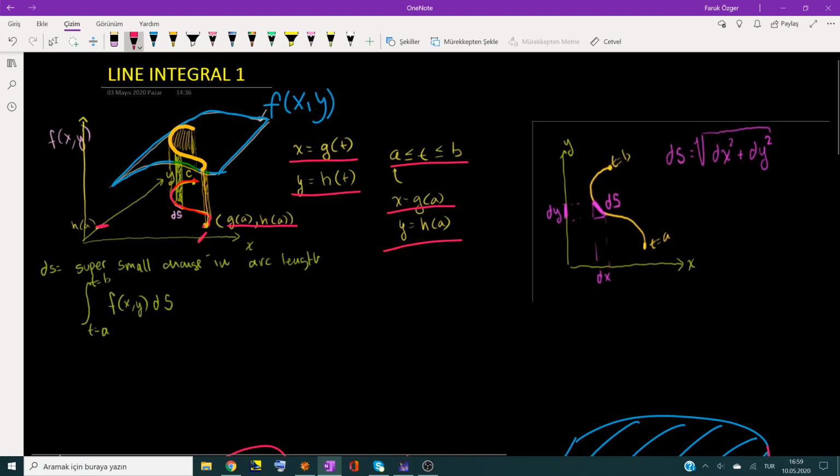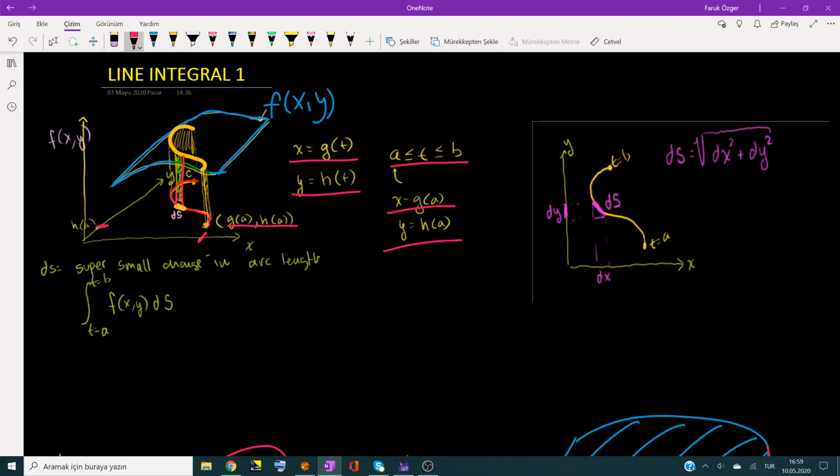So I will exactly use the same idea here. I choose a length of the curve which is ds here. Let's say this is a super small change in the arc length of the curve, and let's call this length ds.